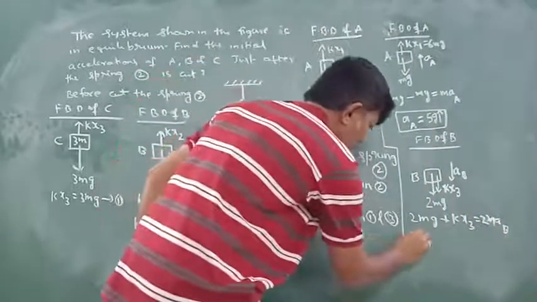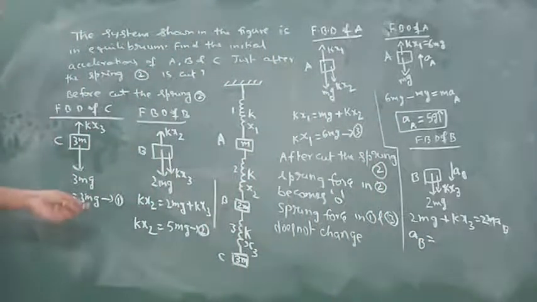So aB is equal to 2mg plus Kx3, divided by 2m. What is Kx3?